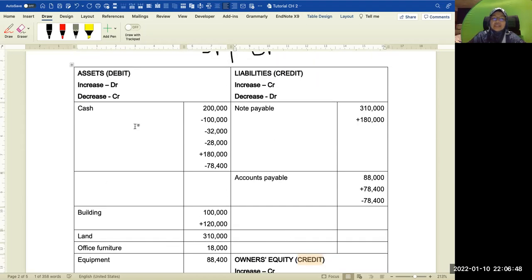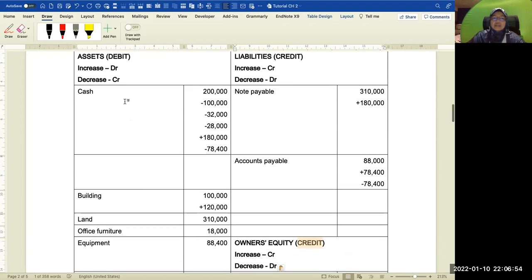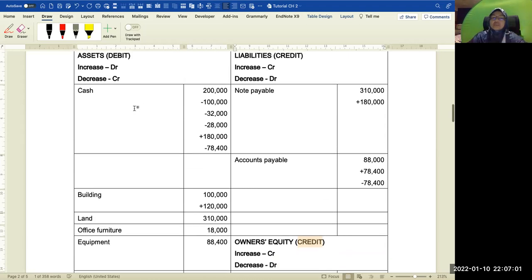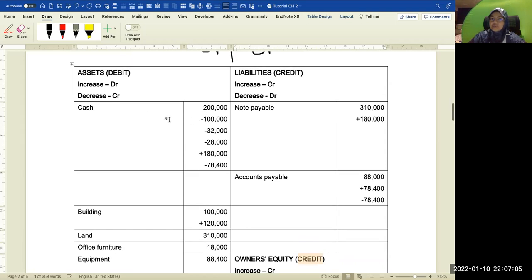So let's look at this one. You have a cash account here, all right? If you were to put this into a T account, so what you have here, how do you know if it's an increase or decrease from this?